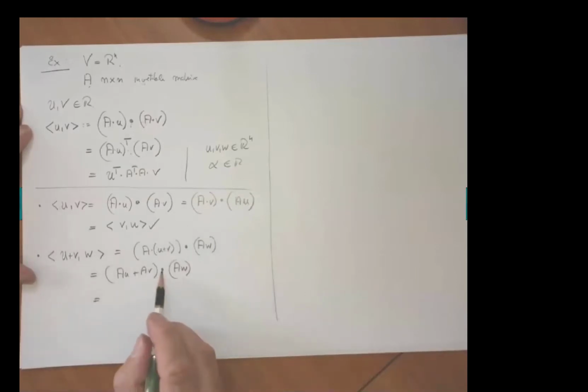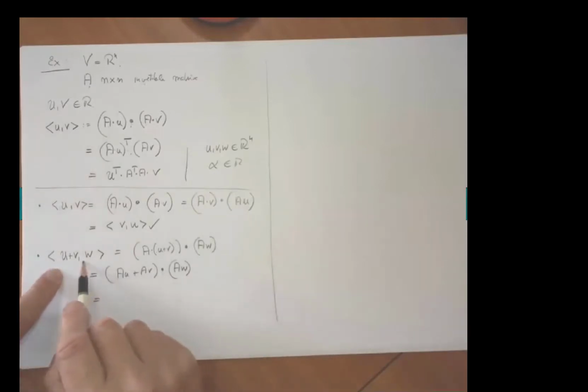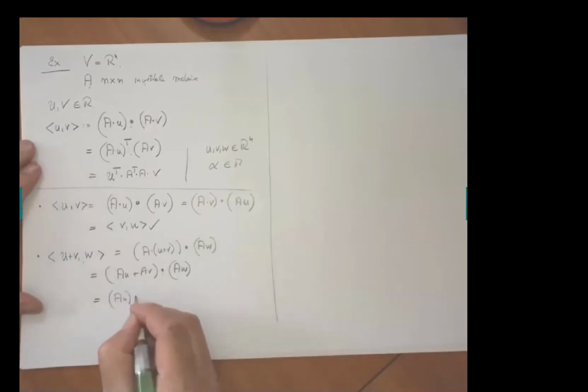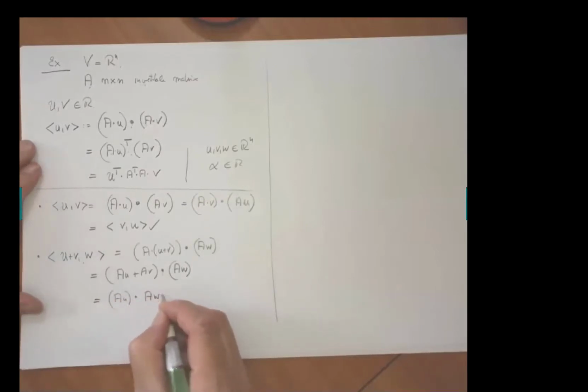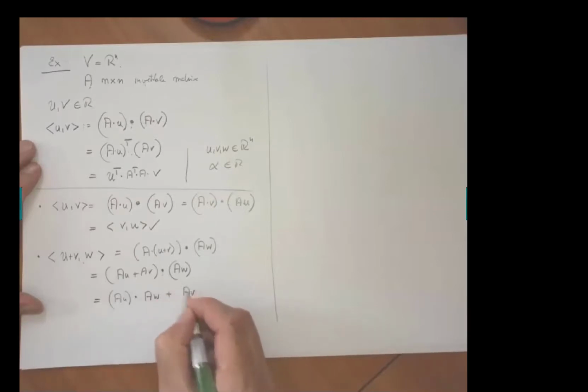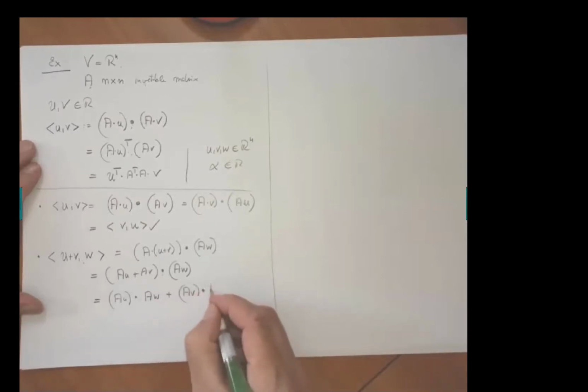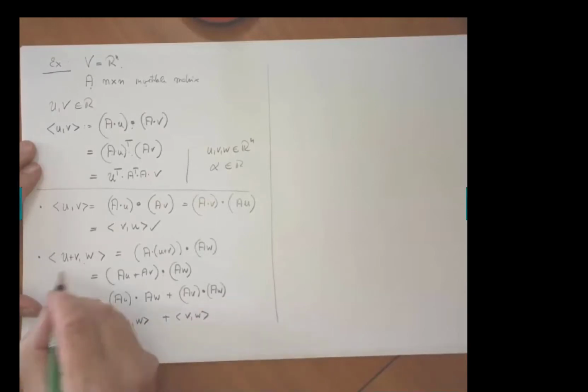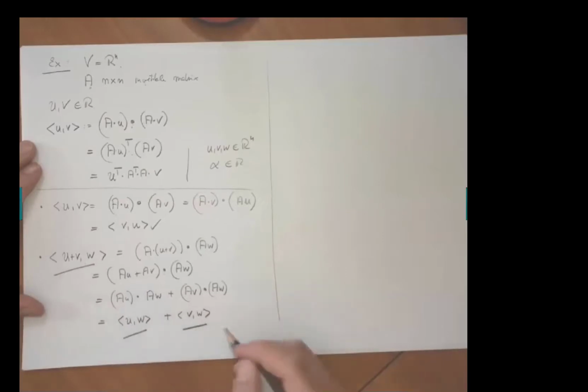And now dot product distributes, that was the start of today's section. That was one of the reasons why we asked for the same property for our inner product. So this is Au dot product Aw plus Av dot product Aw. And now we see this is just our new inner product u comma w plus v comma w.